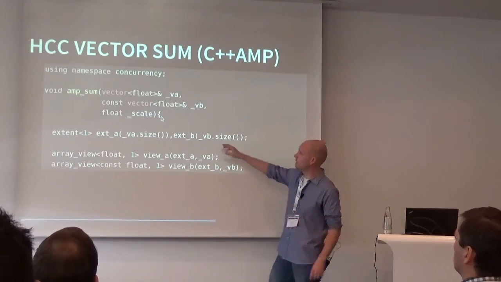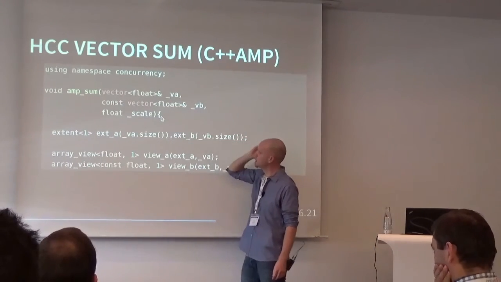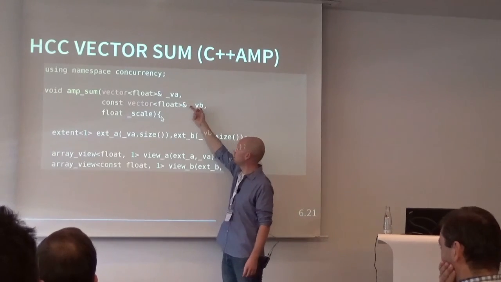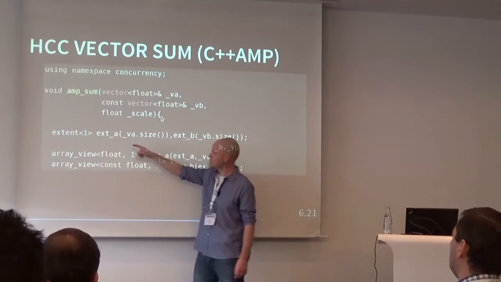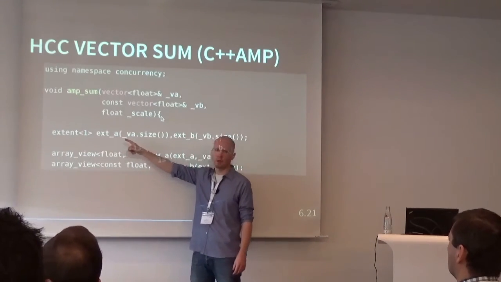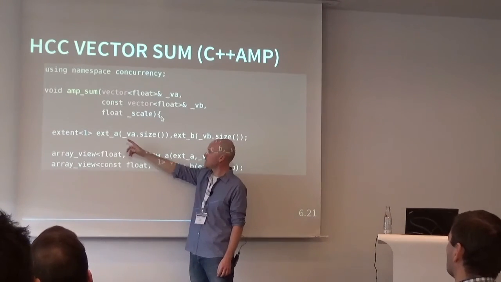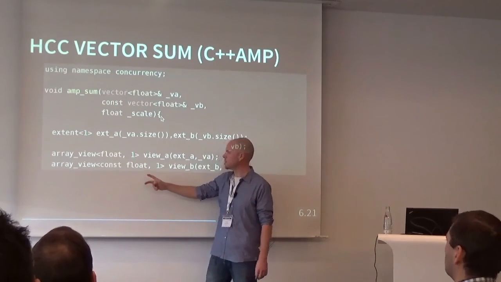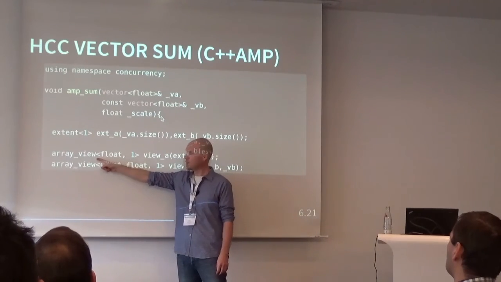So again, we have our sum function. This is all host code. We can still work with our standard vectors. First difference, we have to define the extent of our arrays, which is a nice construct, as we will see later on. And something very nice for me as a library vendor or programmer, they offer views.